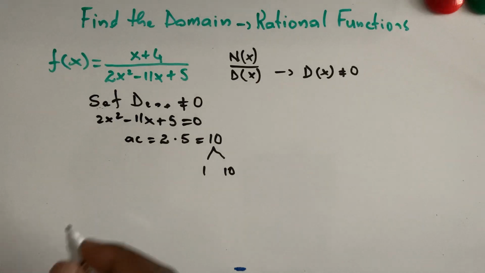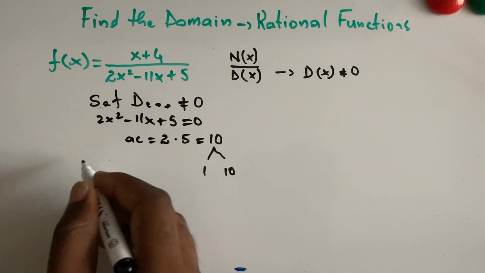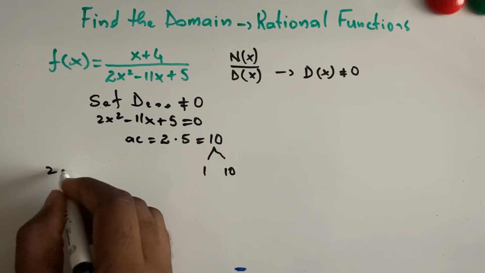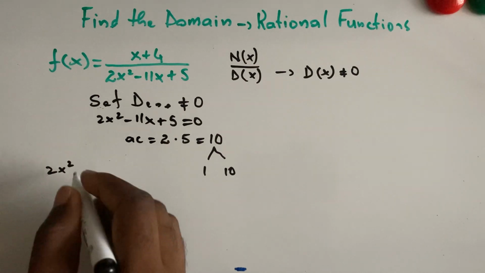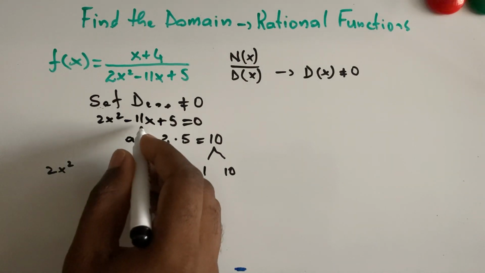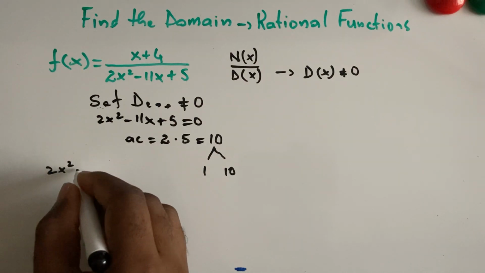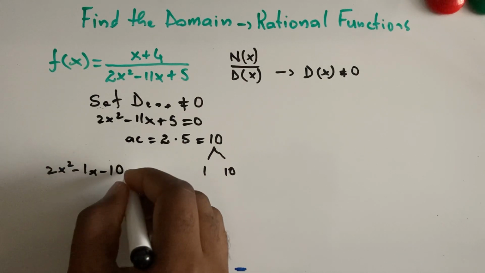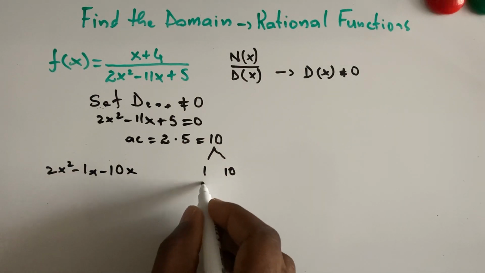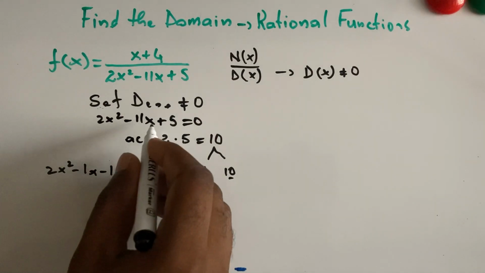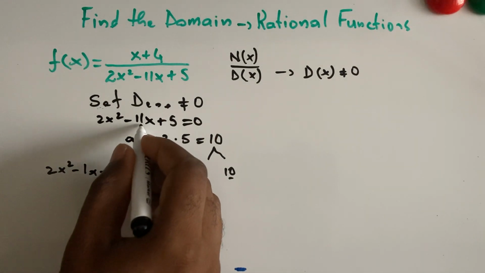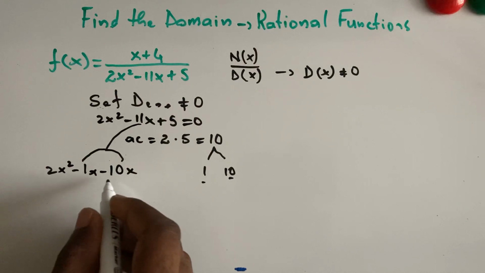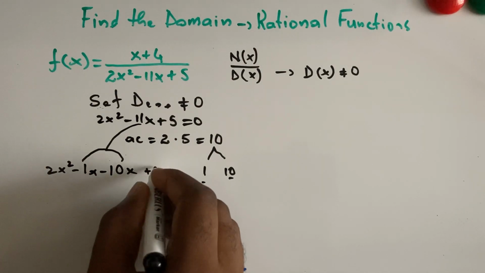And with that, you can go ahead and rewrite the equation as 2x squared, then I'm going to change negative 11x to negative 1x minus 10x, because this is the 1 and the 10 here. That will give me the negative 11 when I add them. So it's as if I'm replacing negative 11x by negative 1x minus 10x, plus 5.